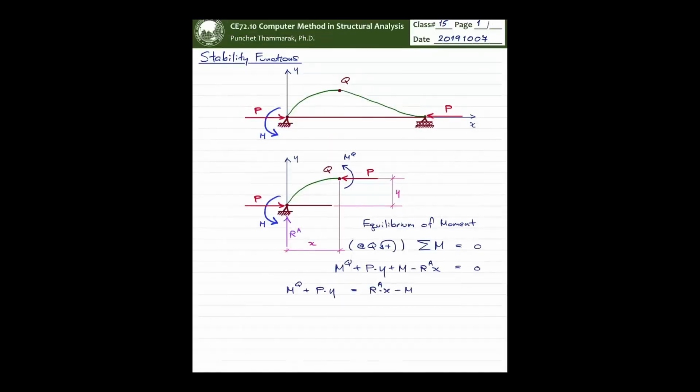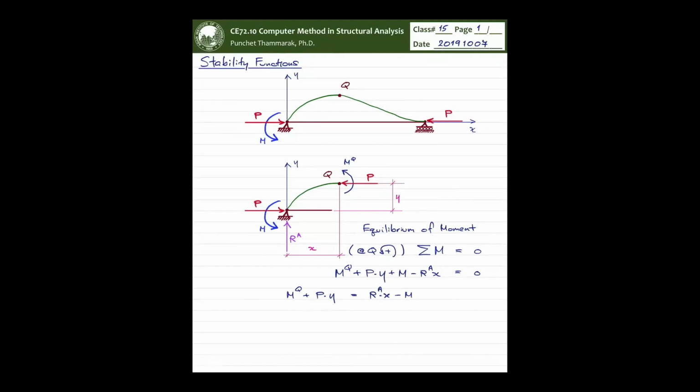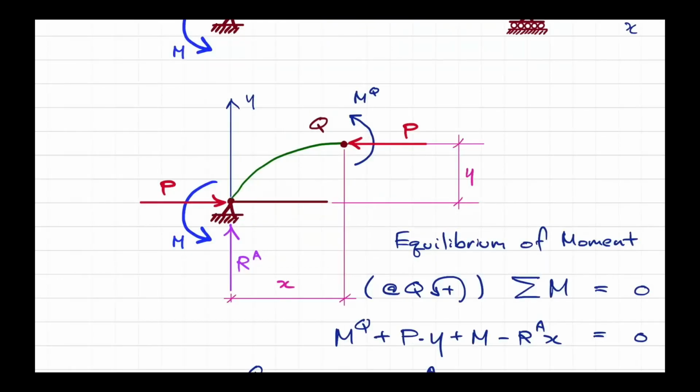Well, you might question, hey, how do I come up with this shape of the beam like this? Could I derive from the beam coming downward or not? Let's say if you have this shape in the green line in the bottom, can it be done? The answer is yes, it can be done.